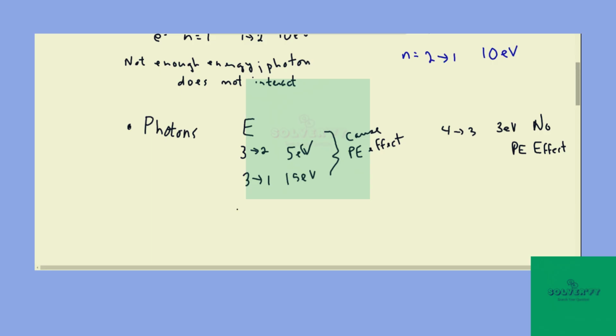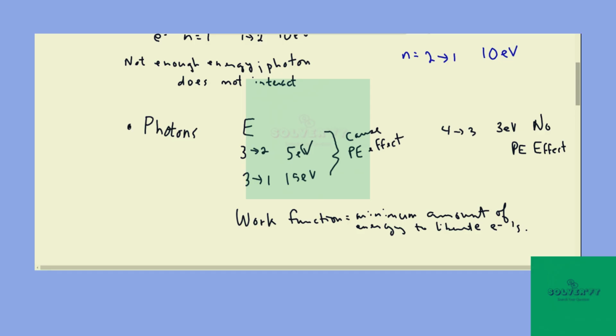Recall that the work function is the minimum amount of energy or potential, depending on what units you want to use. Minimum amount of energy to just barely liberate electrons from your material.